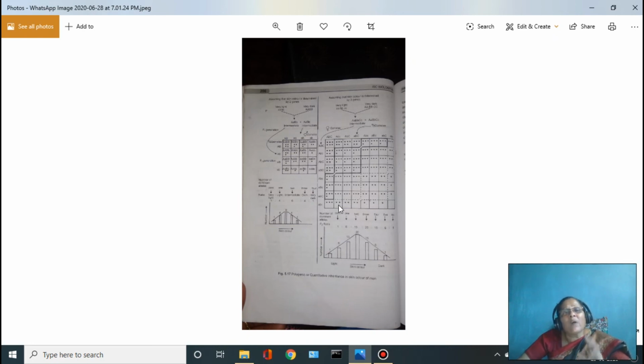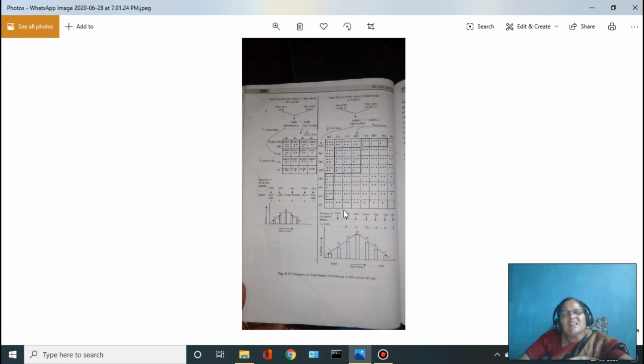Next, 6 individuals having 5 alleles in the dominant form are called very dark.